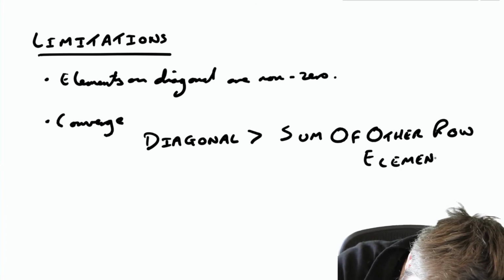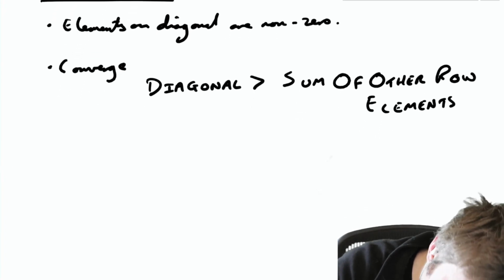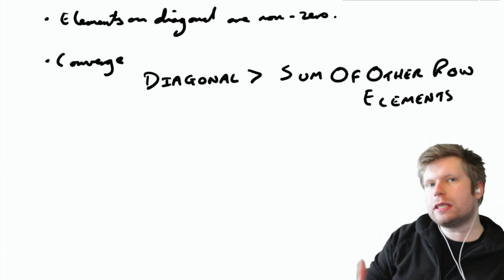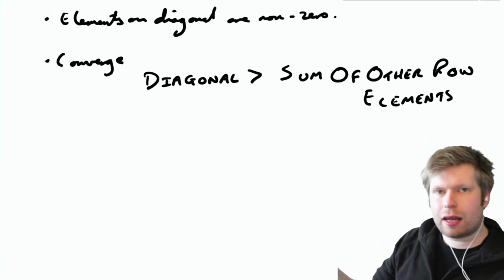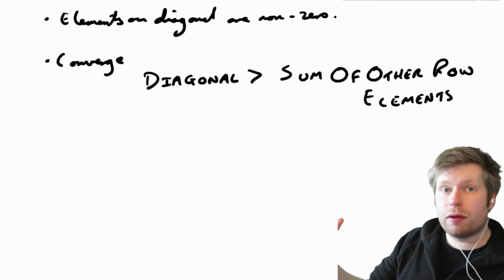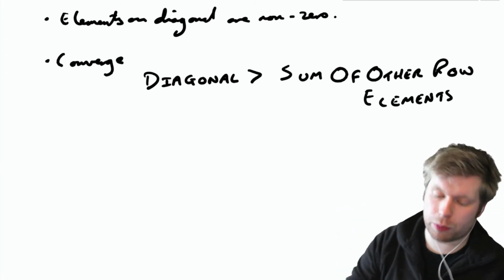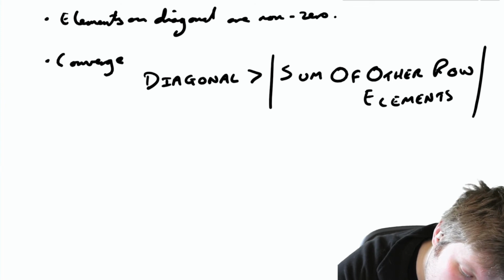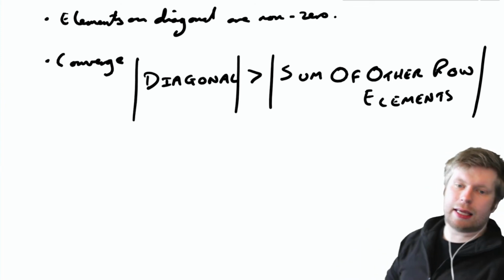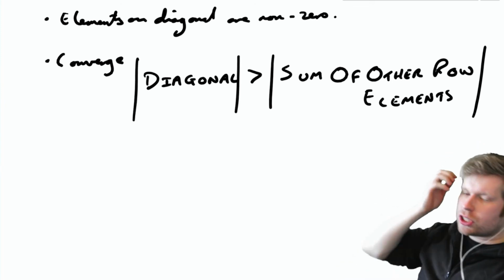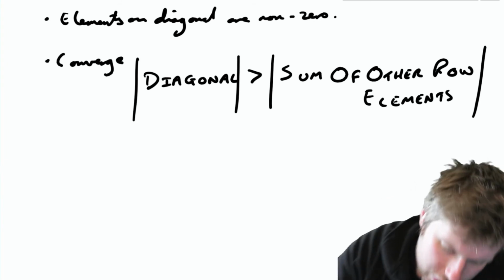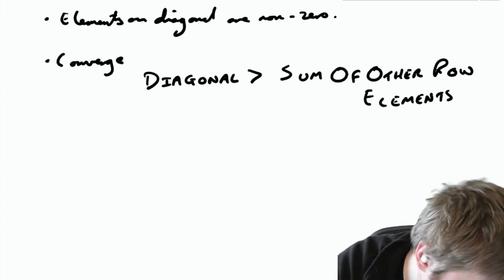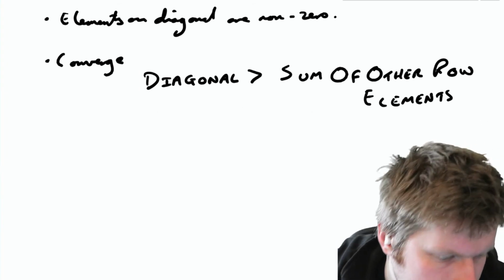Okay, now just to be clear here, it may be that some of the other row elements are negatives, that's perfectly possible. I'm just going to use absolute values to make sure that we're not doing any cancellations. So in actual fact, this is kind of sloppy notation, so let me write it out properly.